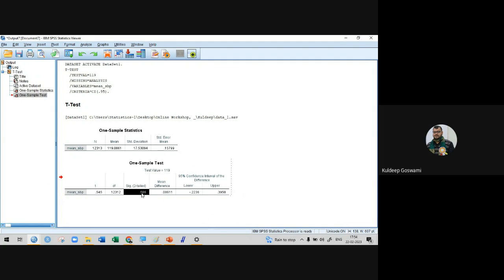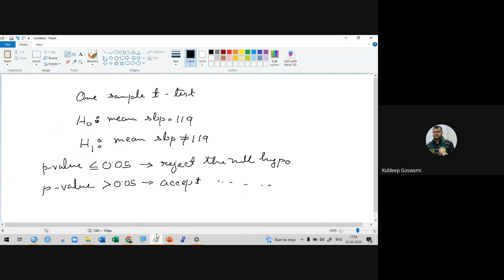That means are we going to reject or accept the null hypothesis? Accept. Yes, we accept the null hypothesis because our p-value is greater than 0.05. And you have to draw a conclusion, right?